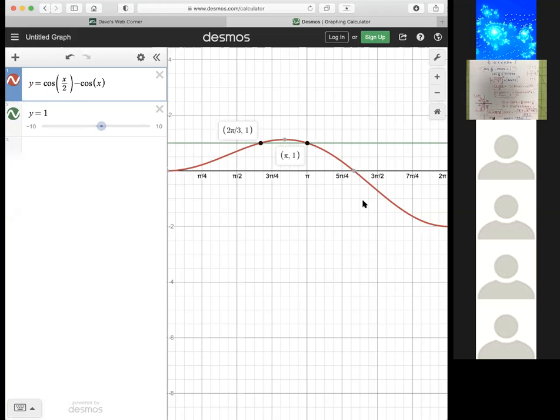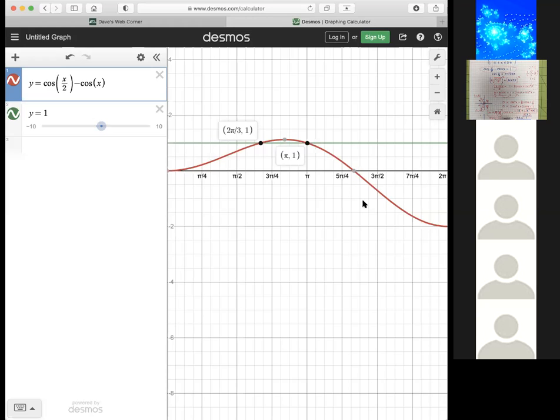So we got to add this to our list of things to do now. Check the solutions. And the cosine of 2/3 pi minus the cosine of 4/3 pi is not 1. I have to cross out that answer. I'm going to bring some other examples like that next time because we got to call it a day.